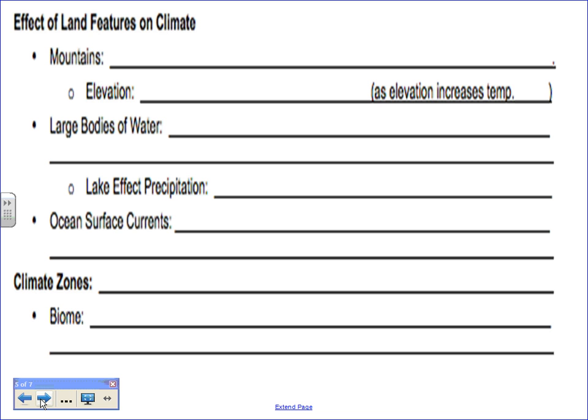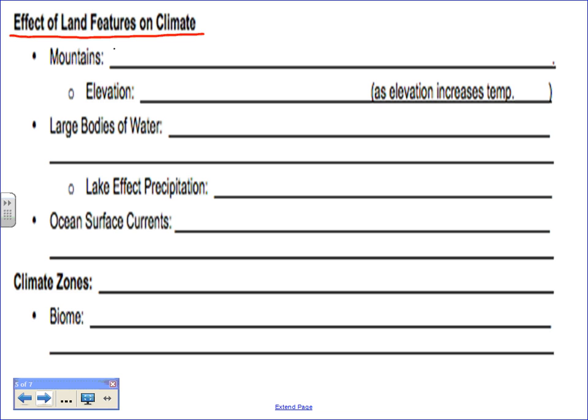Okay? So moving on, now we want to look at the effect of land features on climate. And you wouldn't think land would have too much effect on climate, but it does. It does a lot. Okay? Now, mountains have a profound effect on climate.